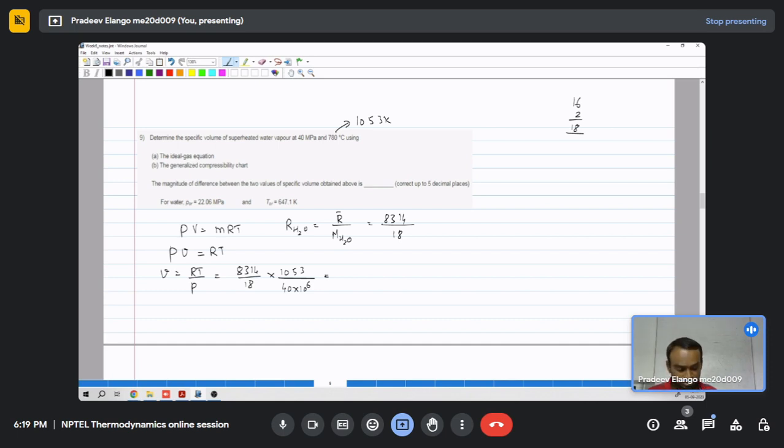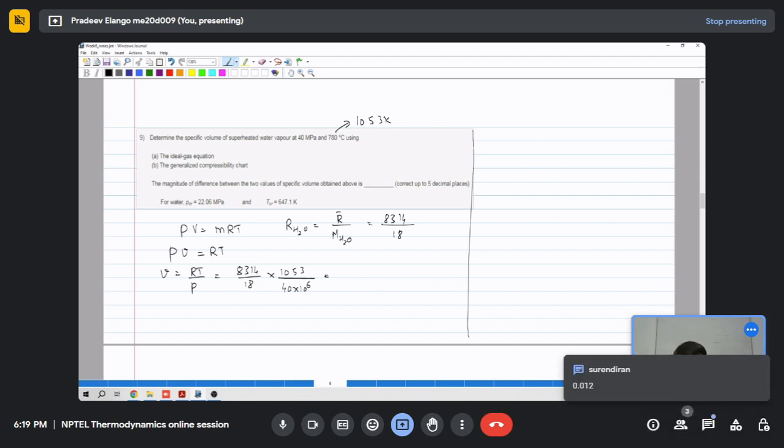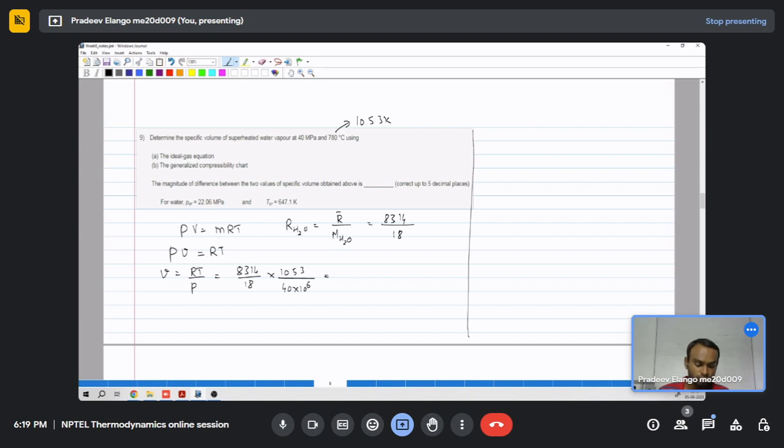So can you calculate the specific volume? Yeah, 0.012 meter cube per kg.